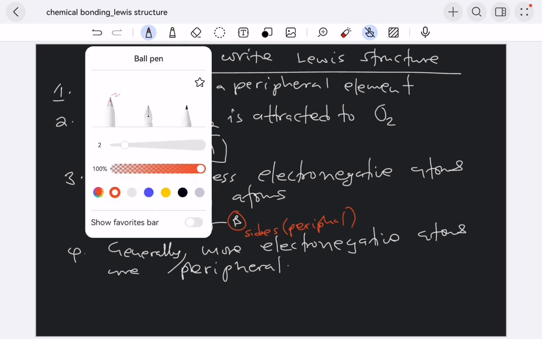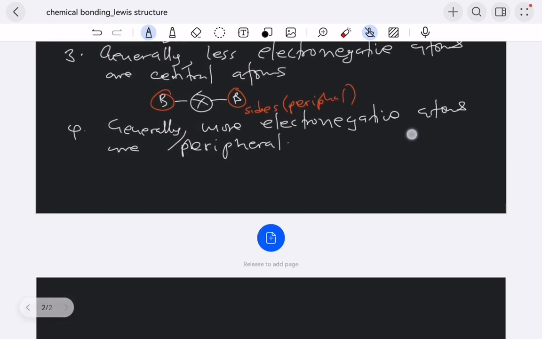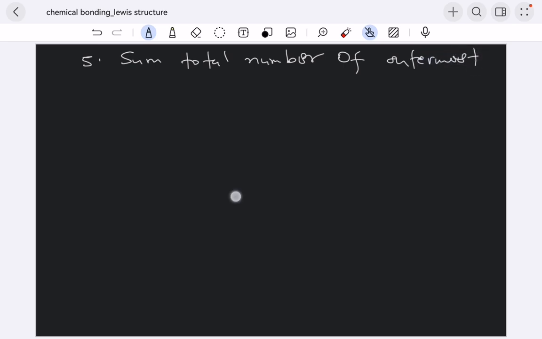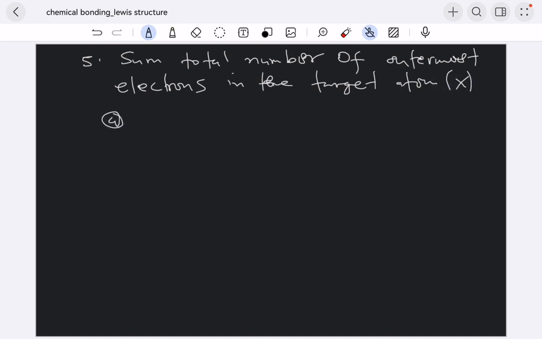Rule number 5. We find the sum total number of outermost electrons, which are the valence electrons, in a given target atom X. There are 2 conditions.